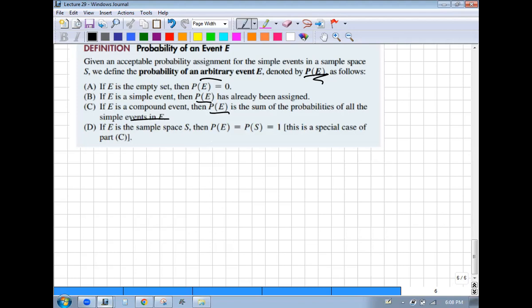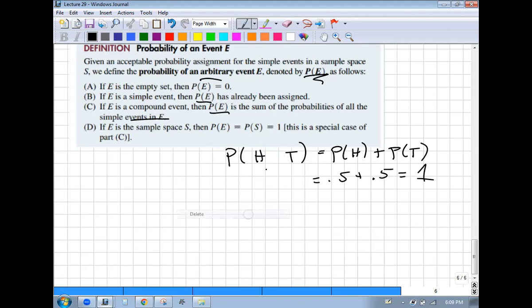So a compound event could be, what's the probability of heads or tails? Well, that's the probability of heads plus the probability of tails, or 0.5 plus 0.5, which is a 100% chance that you're going to get heads or tails.